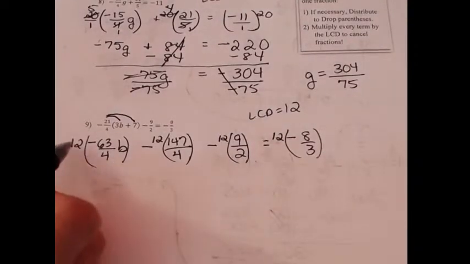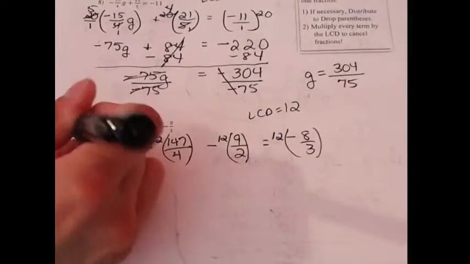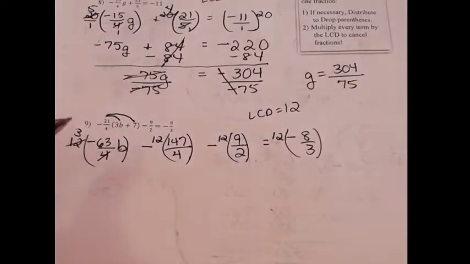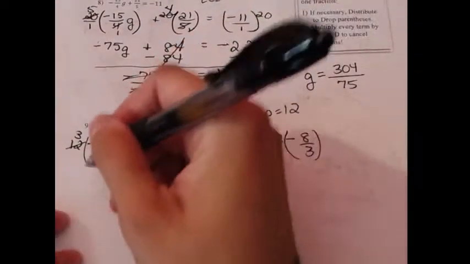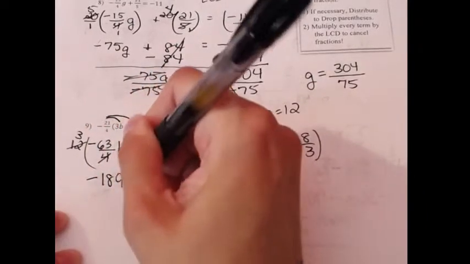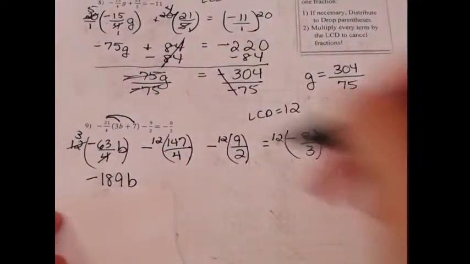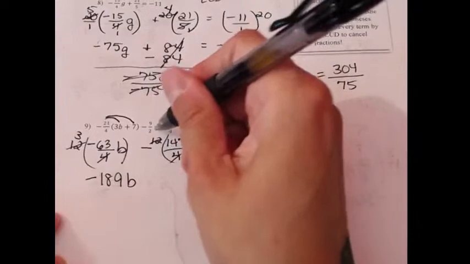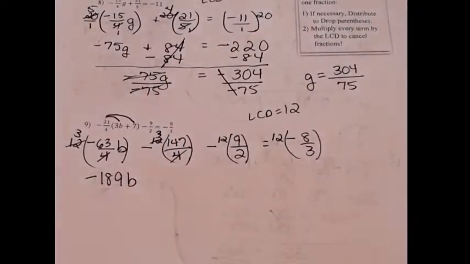Perfect. 4 goes into 12 3 times. And now we have 3 times negative 63b, which is going to give me negative 189b. 4 goes into 12 3 times. If you're doing this and you're thinking, sheesh, I got some really big numbers, that's okay. I'm not doing this in my head.